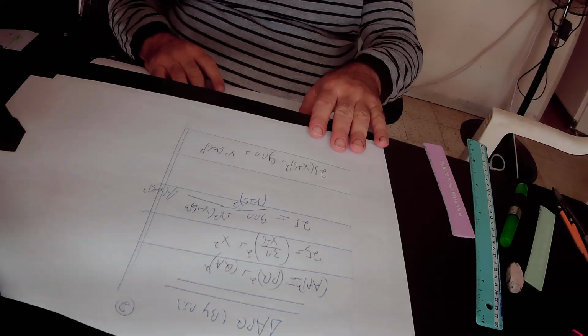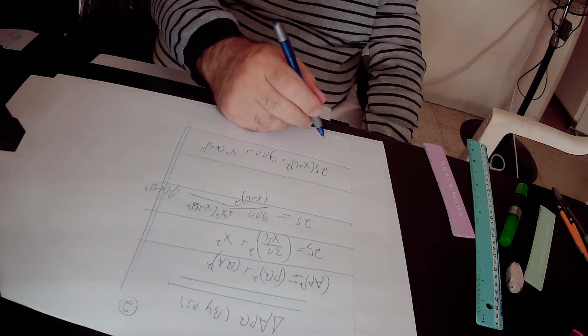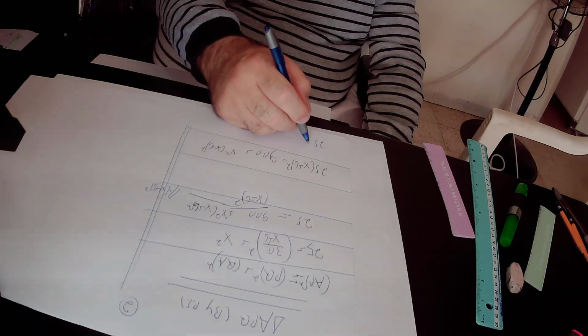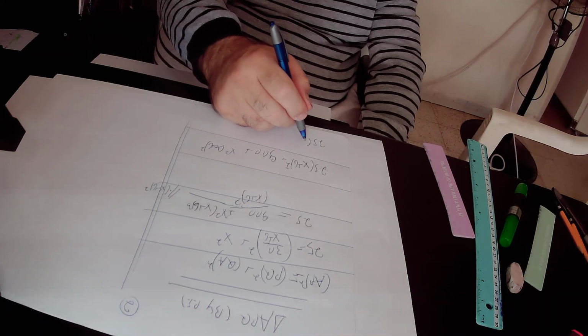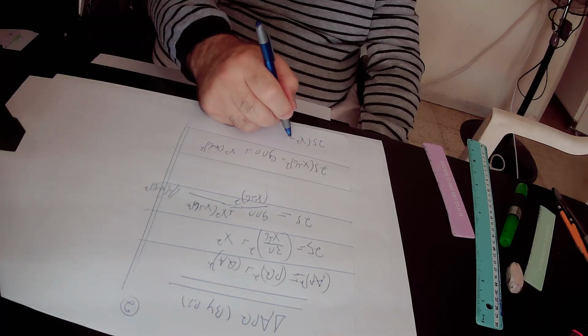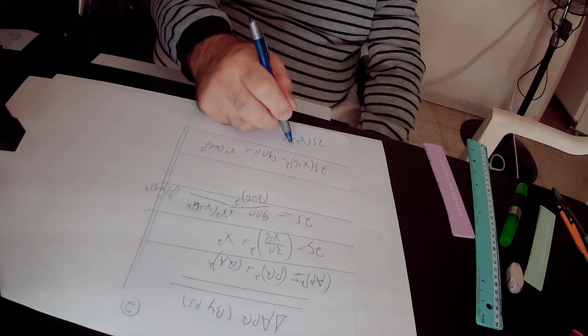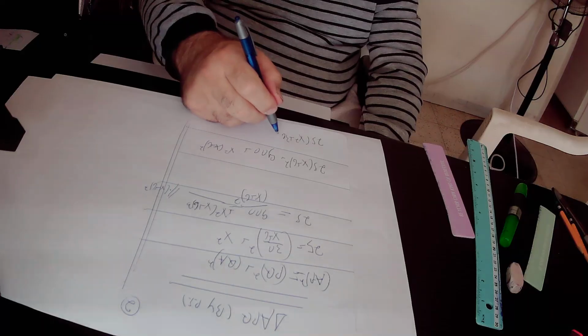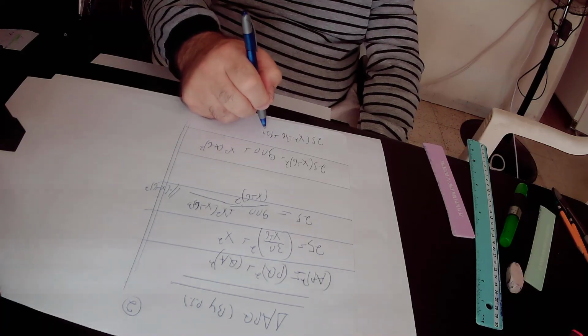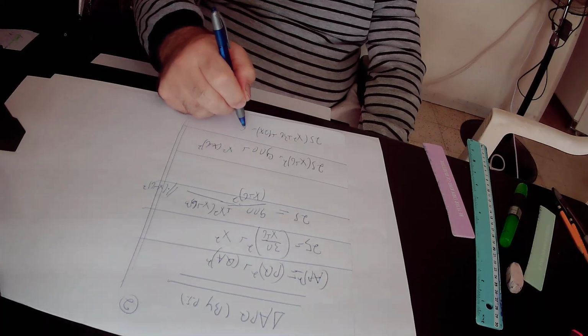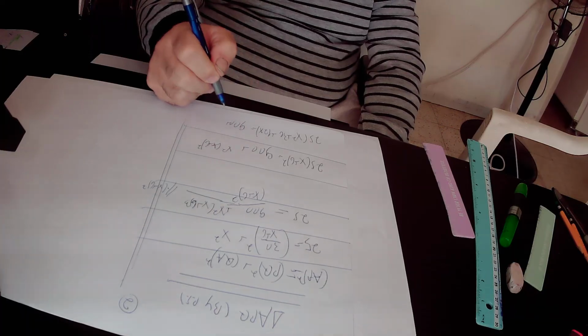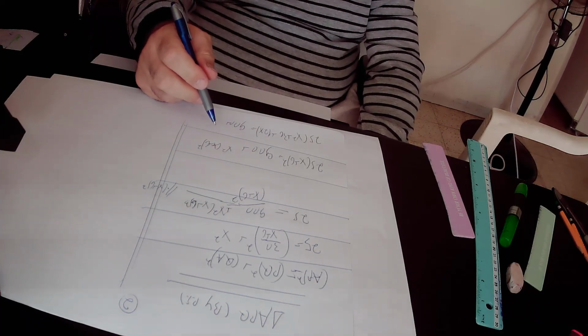So we have here 25 times (x plus 6) squared. (x plus 6) squared equals x squared plus 6 squared, that is 36, plus 2 times x times 6, that is 12x. And it equals 900 plus x squared times (x plus 6) squared.